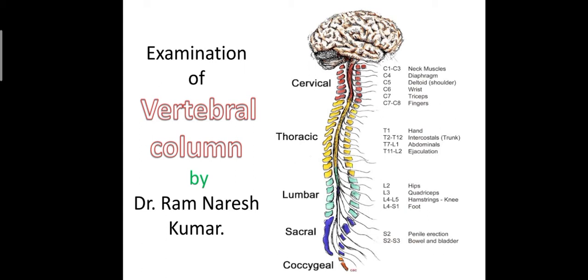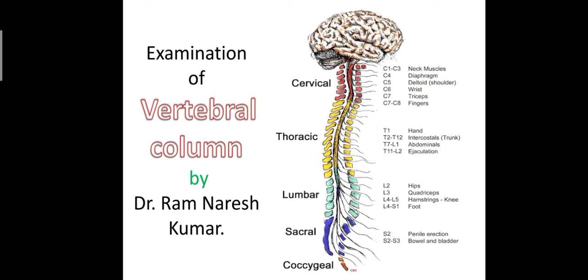The cervical spine is more freely mobile, while the thoracic vertebrae are the least mobile, and the lumbar vertebrae have a mobility lesser than the cervical.